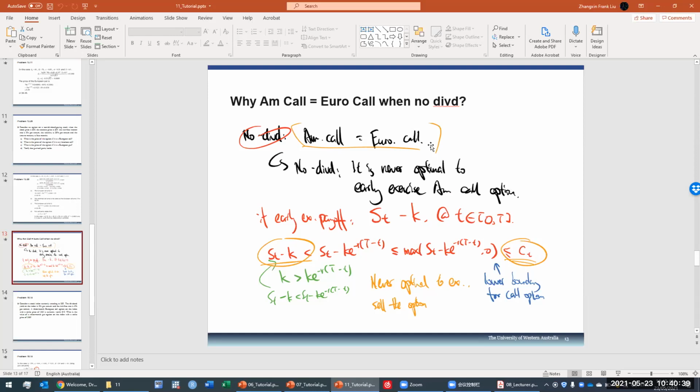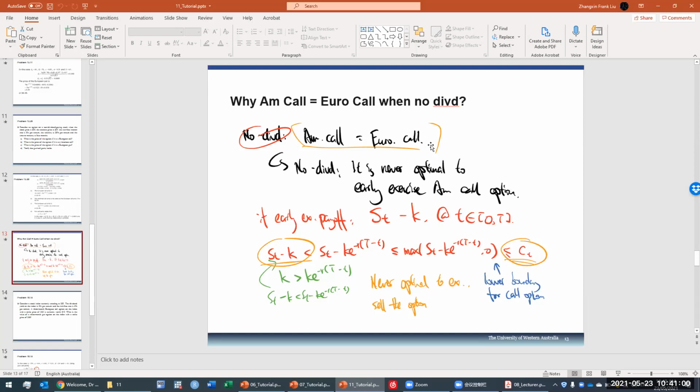The reason is that K is bigger than Ke^(-r(T-t)), because this is the present value, K times something smaller than 1. So minus K is less than minus Ke^(-r(T-t)), which means ST minus K is less than that.